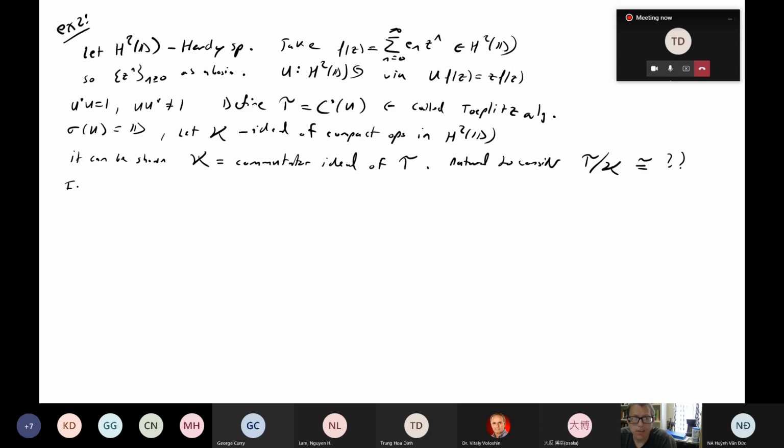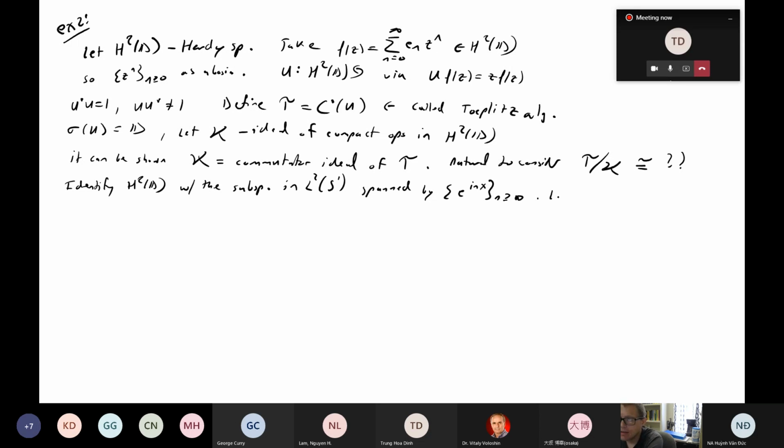So we're going to first identify the Hardy space with the subspace in L2 of S1 spanned by e to the i n x, n bigger or equal to 0. Right? So remember, I'm thinking of the elements on the circle as e to the i x, right?